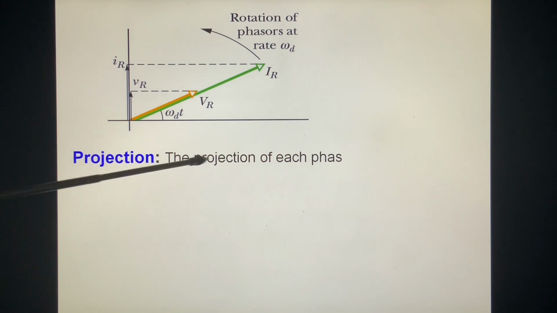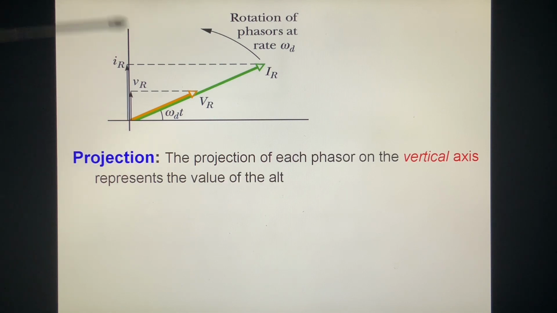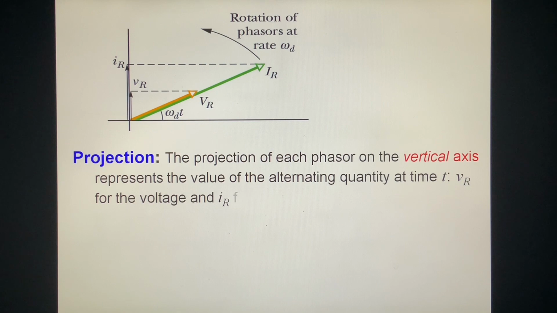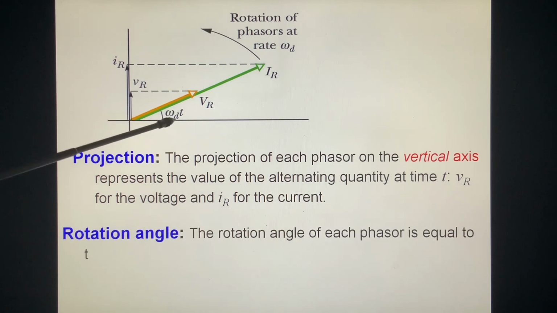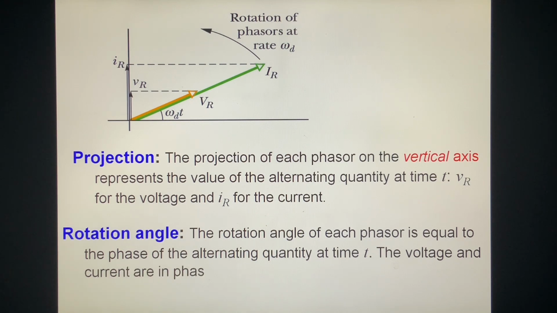Third, projection: the projection of each phasor on the vertical axis represents the value of the alternating quantity at time t. This is VR, and this is IR. Fourth, rotation angle: the rotation angle of each phasor is equal to the phase of the alternating quantity at time t.